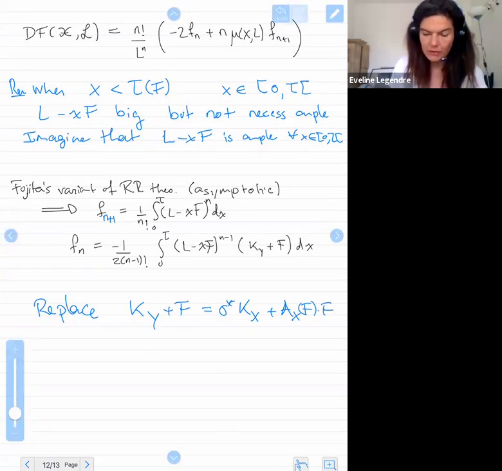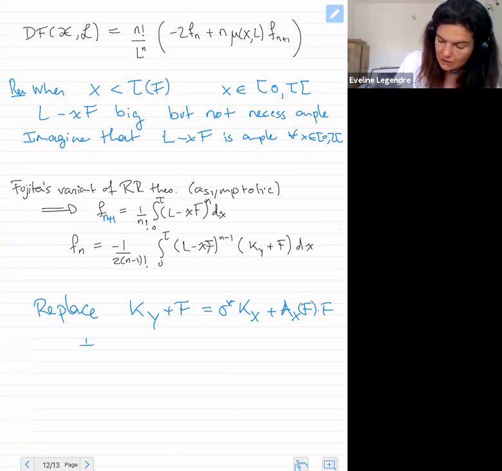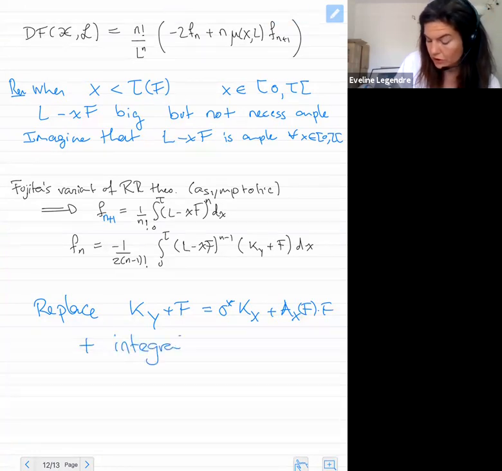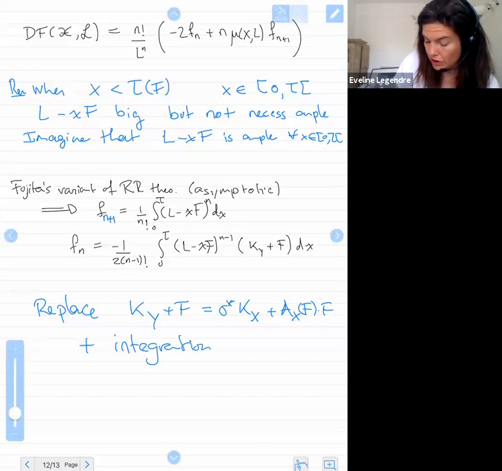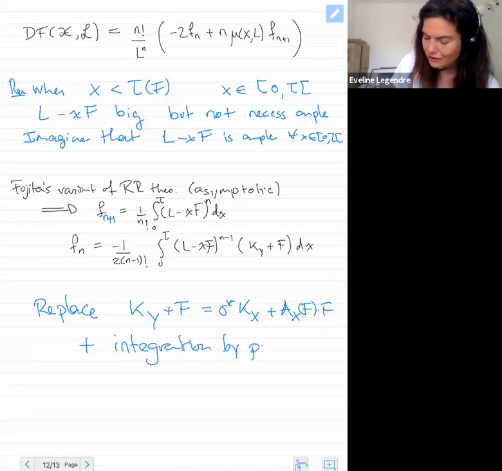So if we replace that, then we use some integration by parts, which is not so hard.